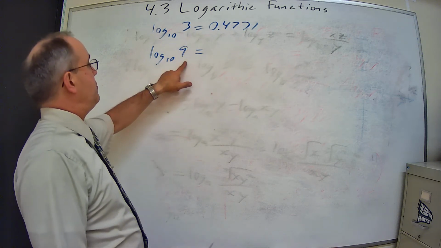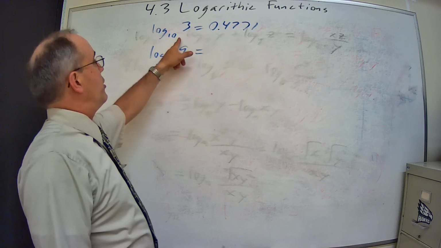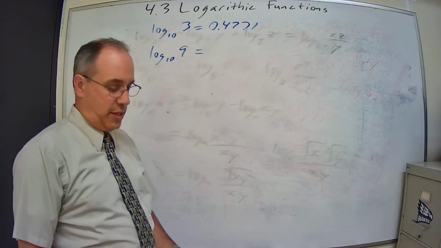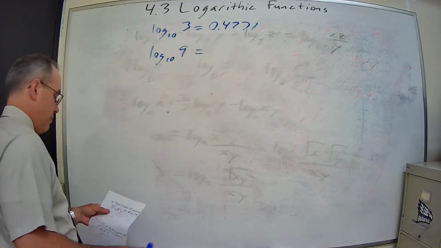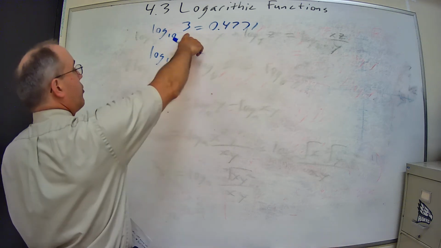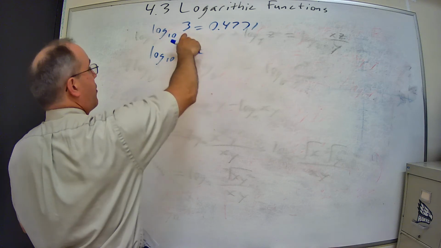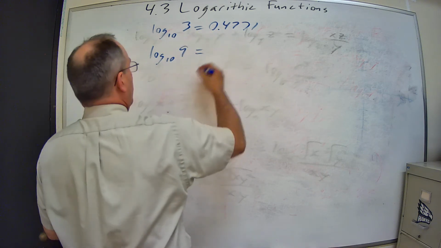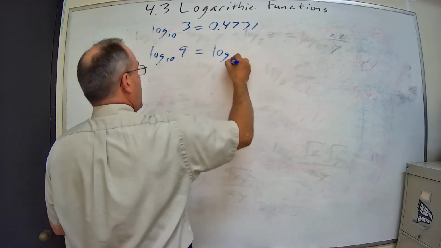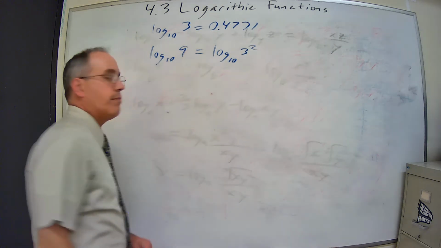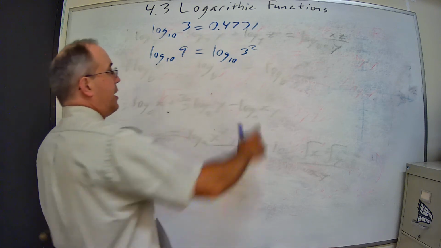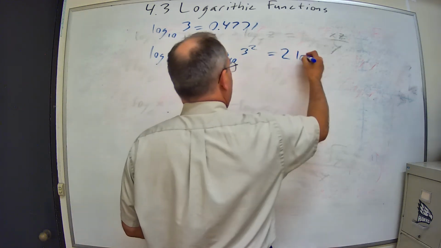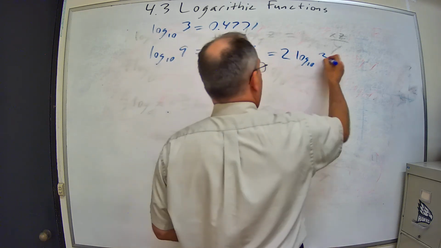We know that log base 10 of 3 is 0.4771. What we can do is get things in terms of log base 10 of 3. So look at this, isn't that log base 10 of 3 squared? And if we have a power, can't we bring it out front? It is equal to 2 log base 10 of 3.